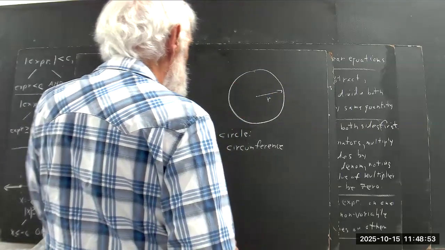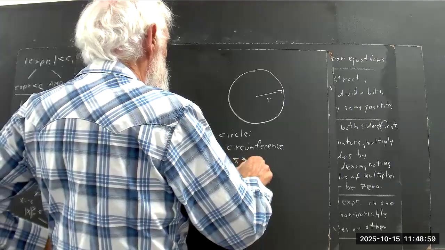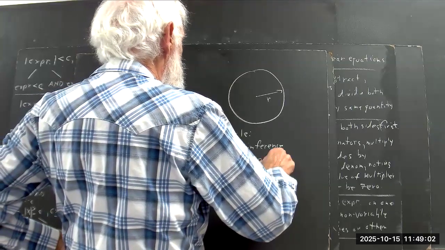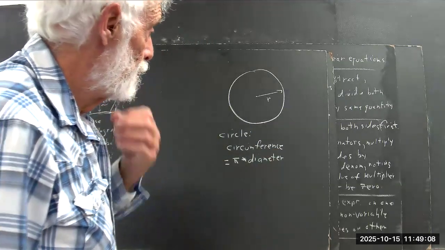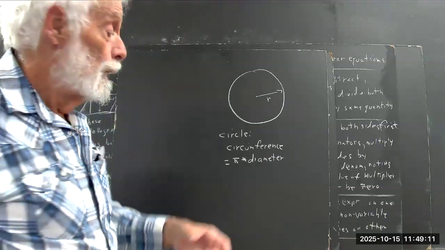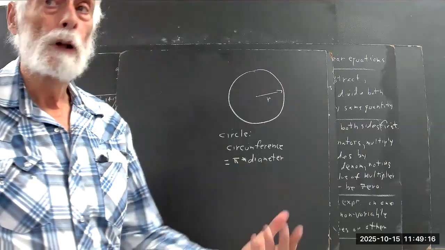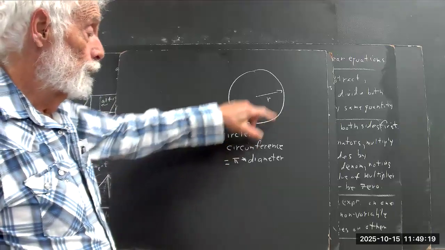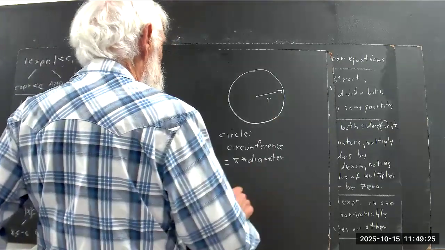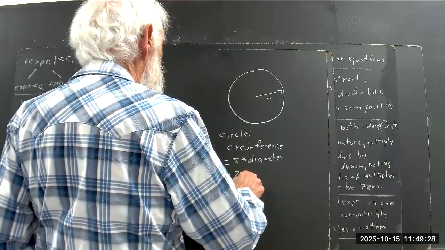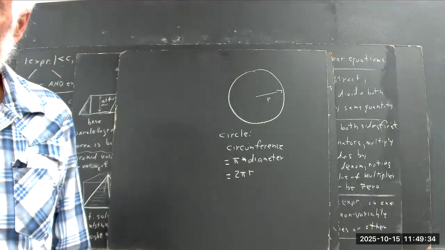I let R stand for the radius. And that's pi times the diameter. That's what pi is. Pi is the ratio of the distance around the circle to the distance across it. Ratio of the circumference to the diameter. And the diameter is twice the radius. So the circumference is 2 pi r.